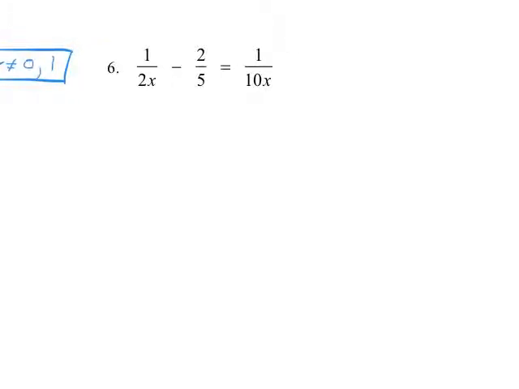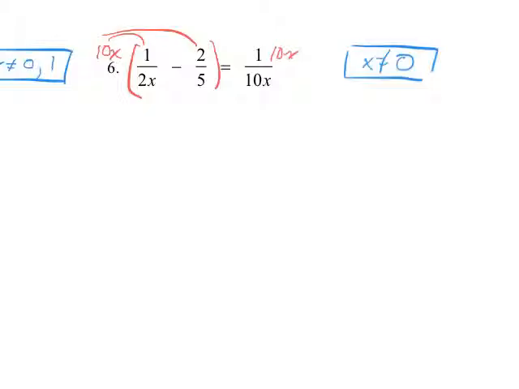This time, as we look at the non-permissible values, we'll see that our denominator can't be 0, and that happens when x equals 0. So there's our non-permissible value. Looking at the denominators, we can see that our lowest common denominator will be 10x. So we'll multiply both sides of the equation by that 10x. And what happens on the left is this 10x gets distributed to each of these two terms.